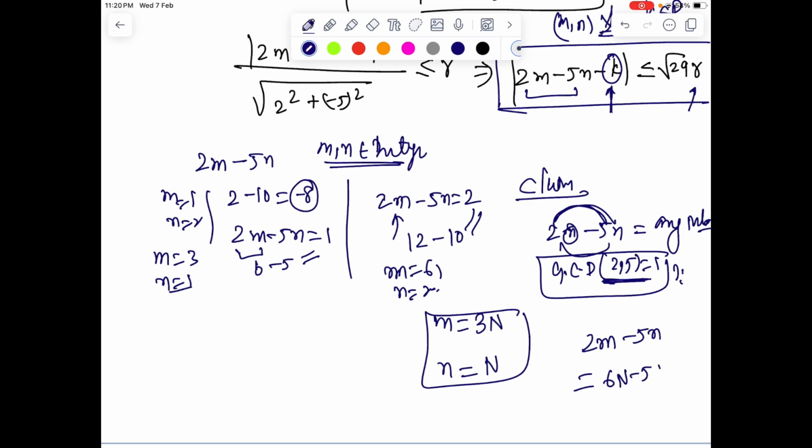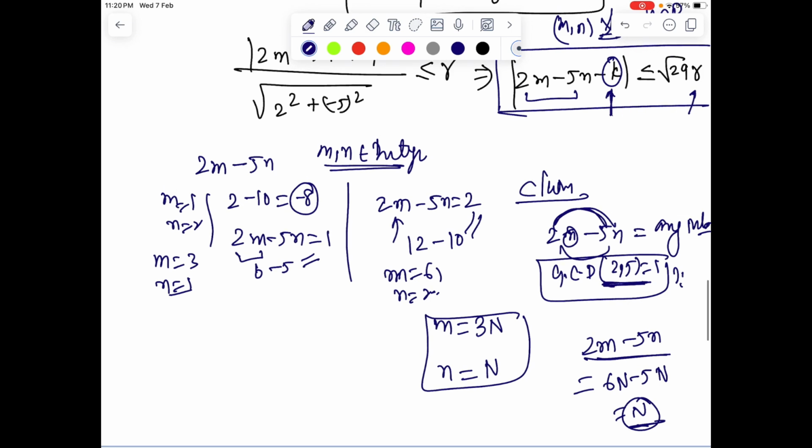Under this condition, 2m minus 5n will give me simply 6n minus 5n, which is n. So I can express any n in the format of 2m minus 5n. And that's a good point. So now I know 2m minus 5n is just any natural number, or any integer to start with. So the expression boils down to this being less than or equal to root 29.